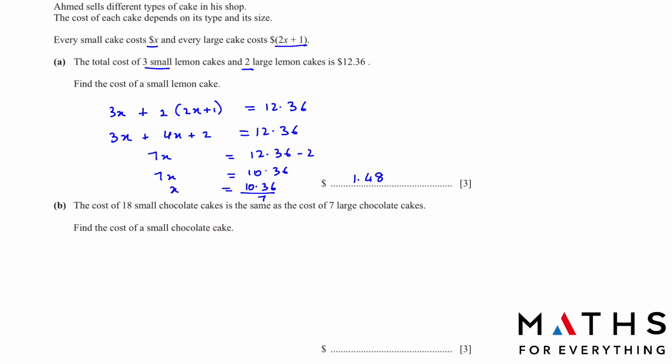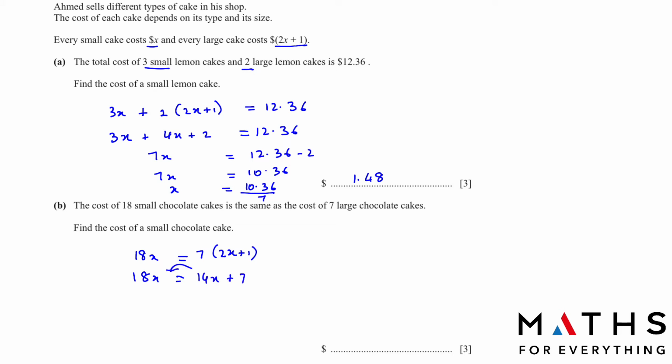From our main question, we know that every small cake is x dollars. So 18 times x. This cost is the same as 7 large chocolate cakes. And the cost of any large cake is 2x plus 1. We'll expand the bracket. 7 times 2x is 14x, 7 times 1 is 7.